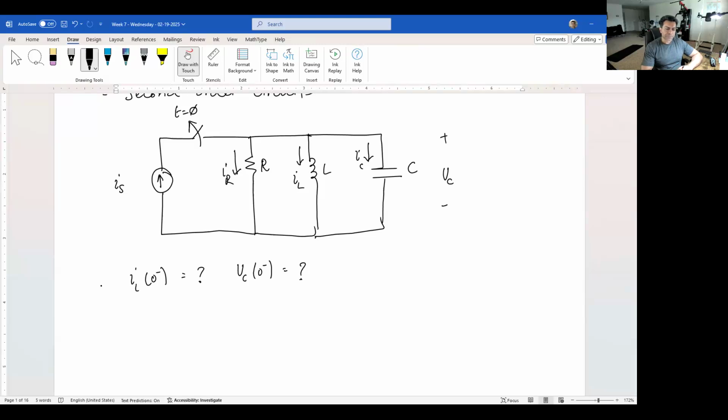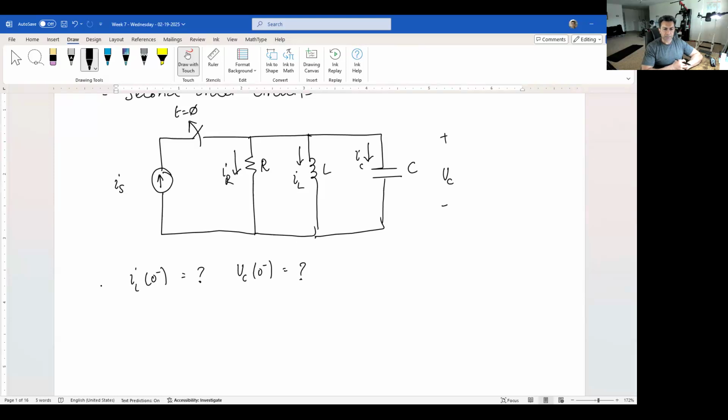And same goes for any circuit. As long as you have an inductor and a capacitor in a circuit, and you are making a change in the circuit, the current passing through the inductor cannot change instantaneously. Hence, just after the change happens, that current is going to be the same as what it was just before the change happened.